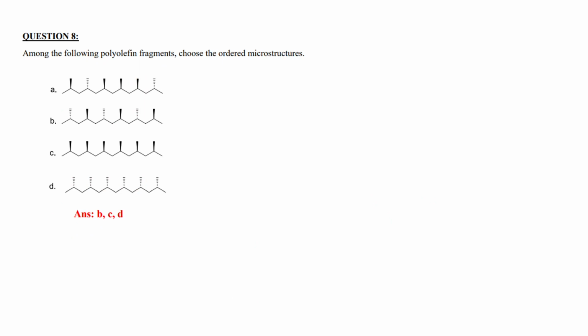So coming to this, it is now very much easier to understand. So for B, we are seeing racemic diads, racemic. So above, below this thing is maintained, and all are meso diads because it is maintained like this way. So that they are racemic.